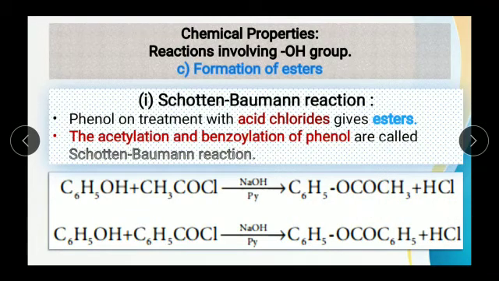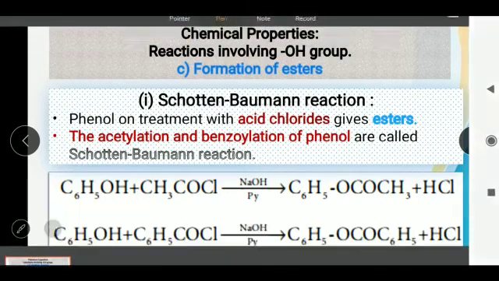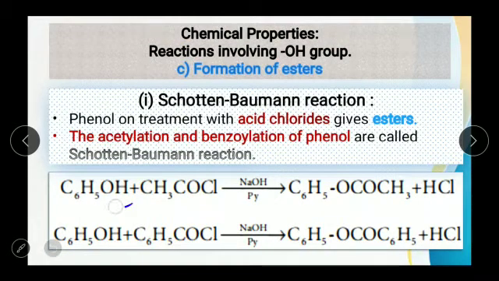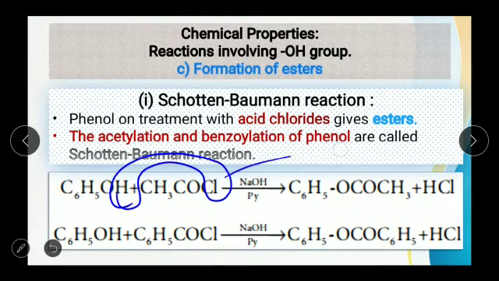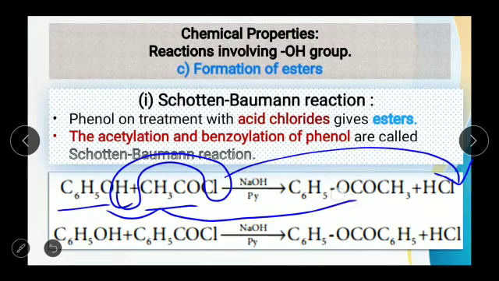Phenol, if it reacts with acetyl chloride in presence of sodium hydroxide, we are getting phenyl ethanoate. What is phenyl ethanoate? Here in the phenol we have OH group. This hydrogen and Cl in acetyl chloride, both become hydrochloric acid.